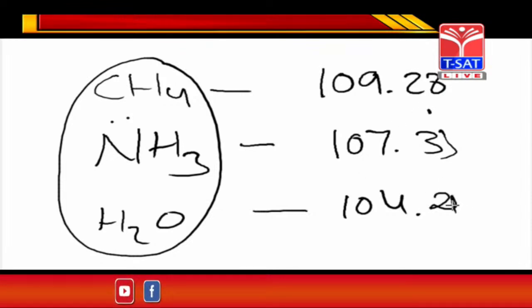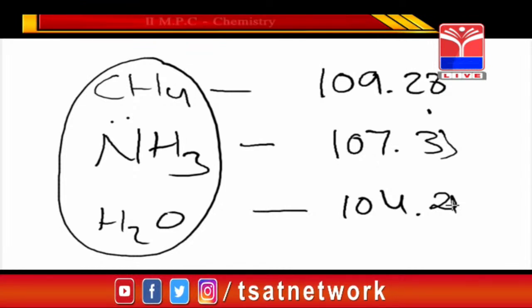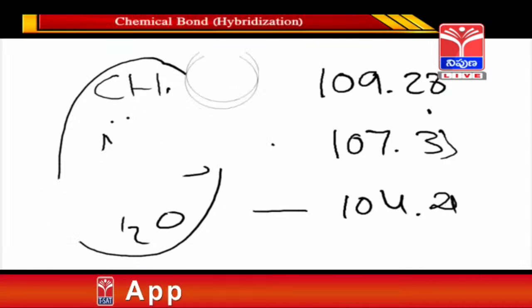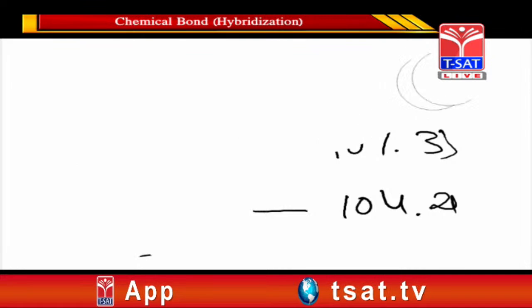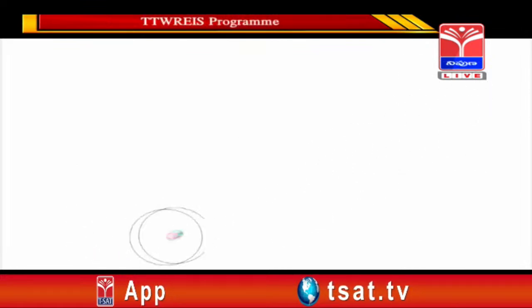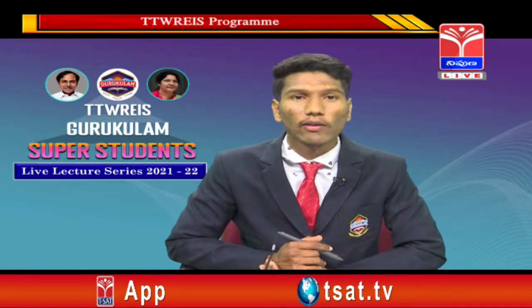Because of lone pairs, the bond angle and shape will be changed. When lone pairs are introduced, the bond angle will change.